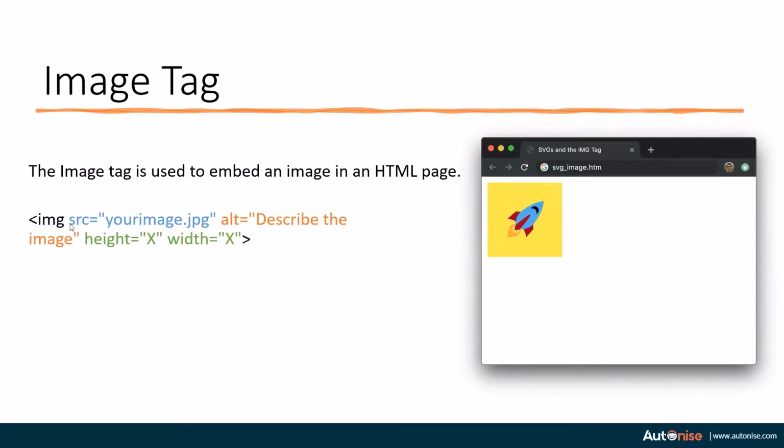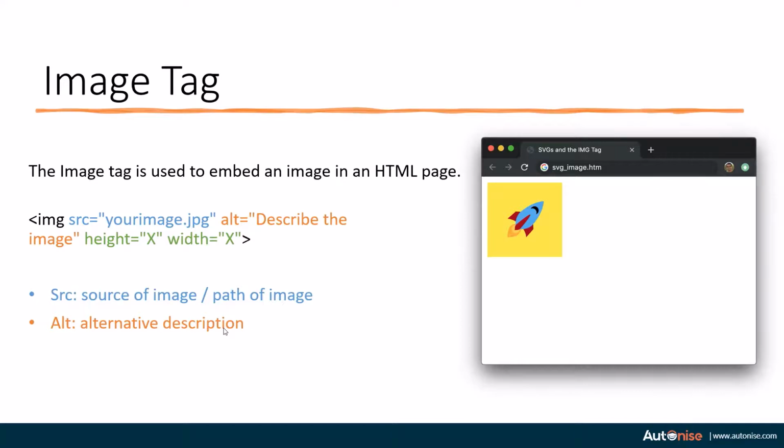Let's see what the source attribute is. Inside the source attribute, you put the source of your image or the path of your image. So you have to specify the address where your image is inside the source attribute. Next, there is the alt attribute, or the alternative description.